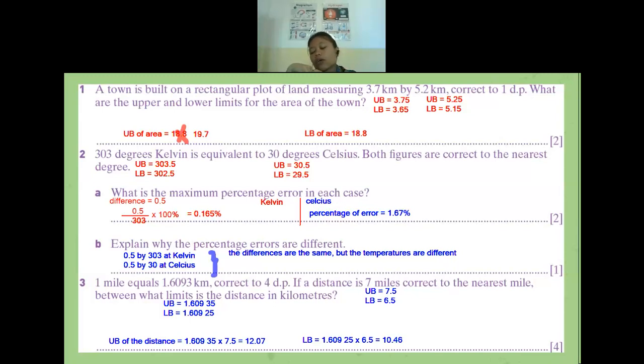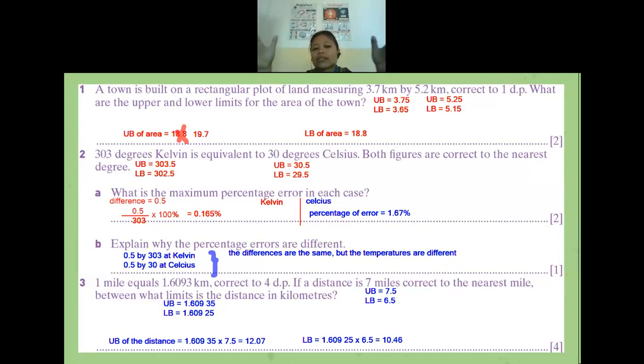No, you have to round it off normally. You have to calculate it normally, because this is the highest limit that I can use. Because if I use another number, it will be bigger than 303.5 and I will not get the exact number for the upper bound and lower bound. That's why it says maximum.